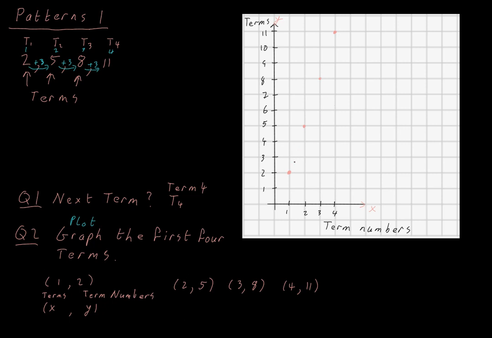Now what might jump out at us when we've drawn our graph is that all of these points are doing something interesting. They're all sitting on a straight line. I'm going to draw that straight line in for us now. So now I have drawn in my line in blue, and I also wrote in the coordinates of each of my 4 points.